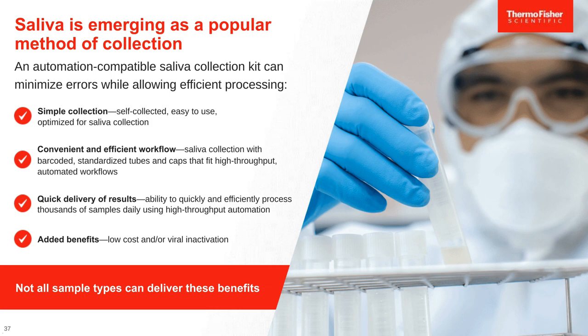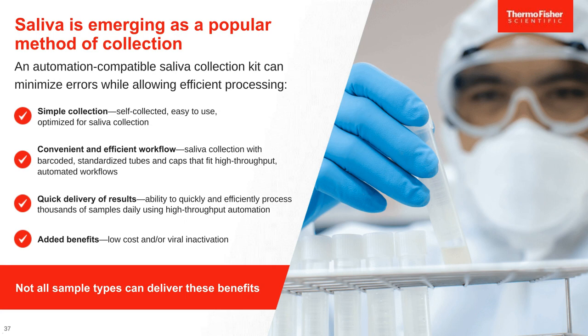Saliva is often self-collected, and there's two ways you can collect it, either as a raw saliva sample into a tube or collecting into a stabilization reagent, which preserves the nucleic acid in the sample and allows you to store it both for longer and at ambient temperatures.